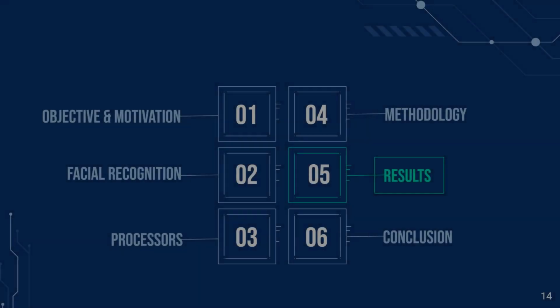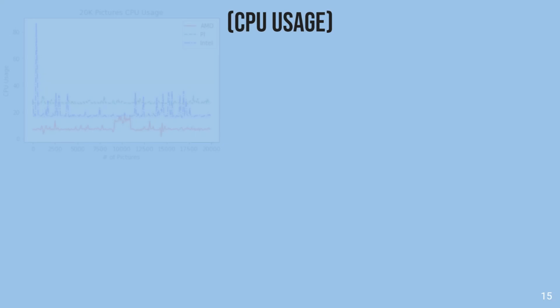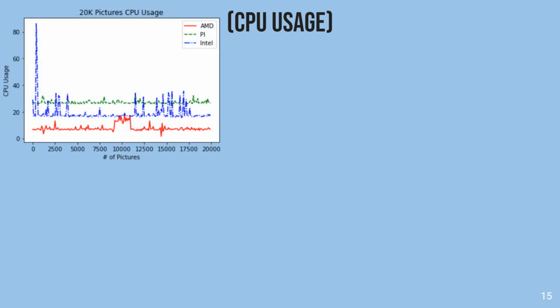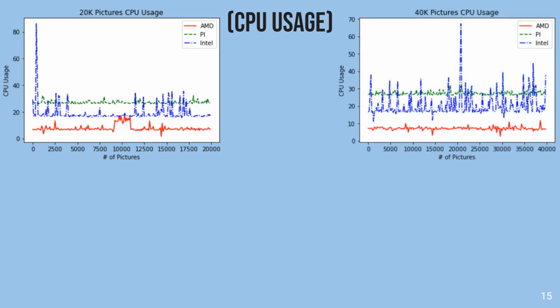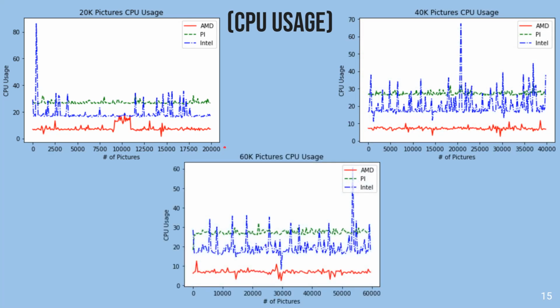In our results, we'll be discussing the 20,000, the 40,000, and the 60,000 datasets. We could see that for the CPU usage, the AMD had the lowest amount, followed by Intel and followed by the Raspberry Pi. And it's a trend amongst these three that they go in the same order.